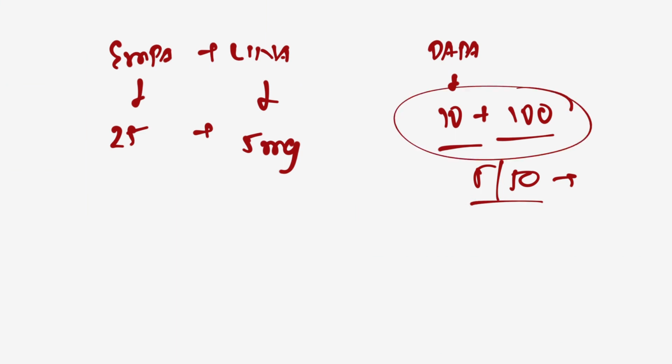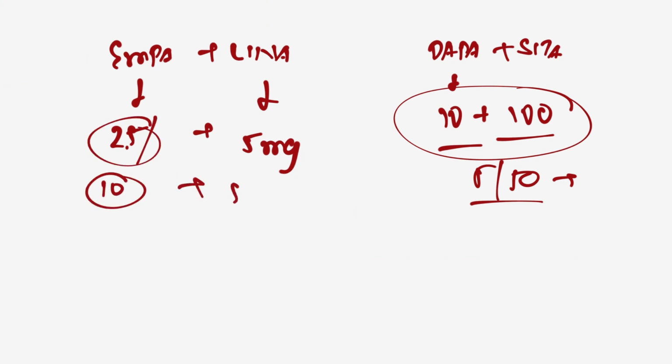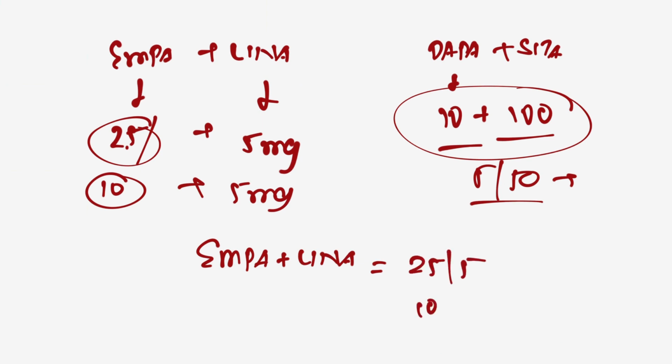So Empa 10 or 25 plus Lena 5, and Depa 10 with Ceta 100. These are the common combinations that we use. You can also have Empa 10 milligram plus 5 milligram. So you have Empalina 25 by 5 or 10 by 5, which are available.